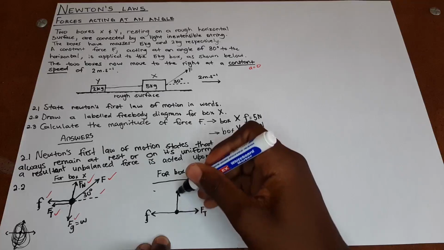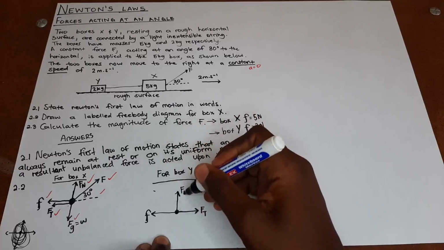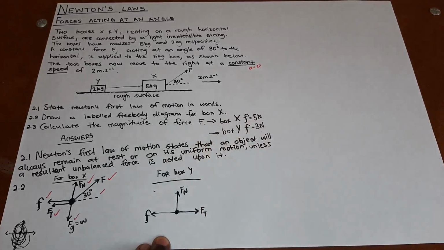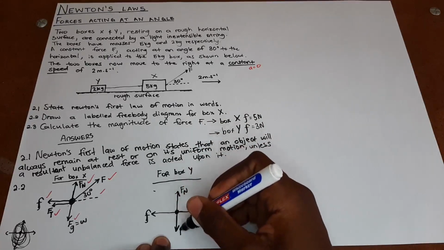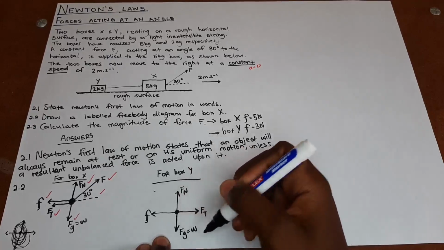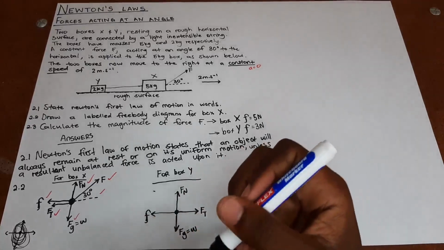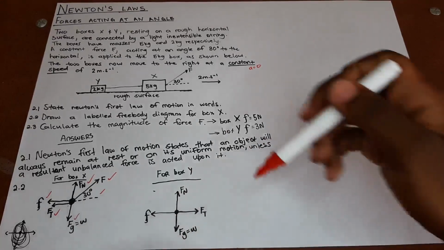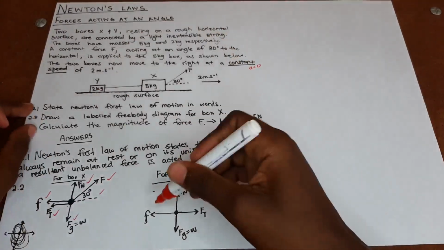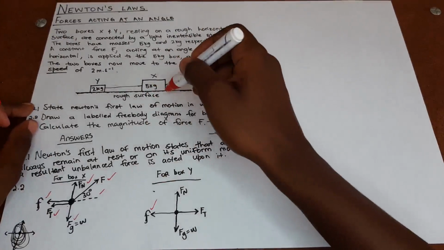There's a normal force because it's on the surface. You also have your gravitational force acting downwards. So you have your frictional force, because the surface is rough.